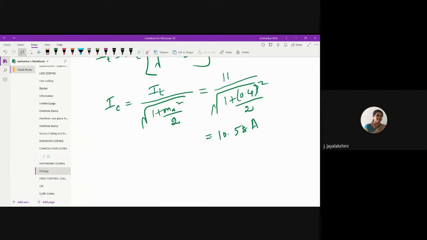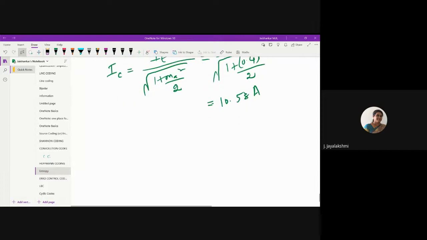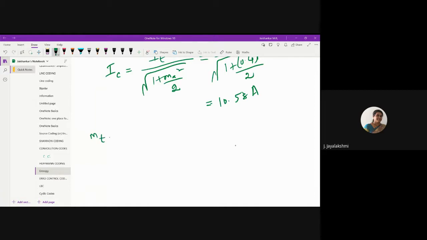The second part of the question is, what is going to be the modulation index of the second wave? Only when you have the total modulation index can you calculate the modulation index of the second wave. So we should know the total modulation index due to the first wave and the second.